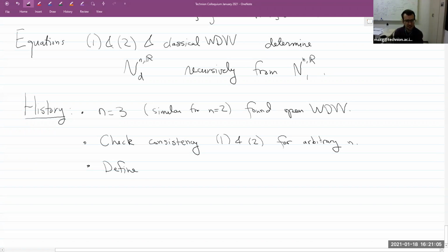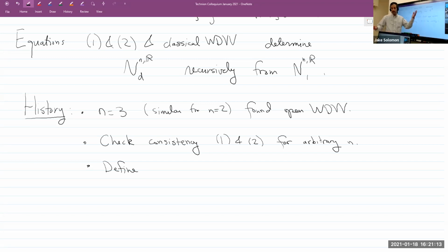Sorry, isn't it difficult to define N and R, D? Yeah, I mean, we could just write down these equations for n equals 2 and 3, and then we saw that they still have a solution for higher n. So we decided there must be invariants, and then we found them.